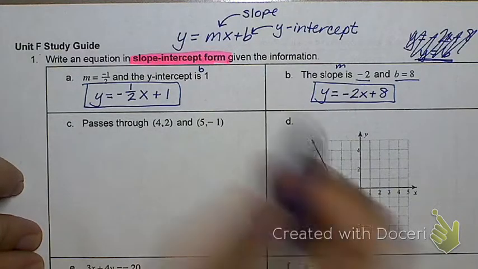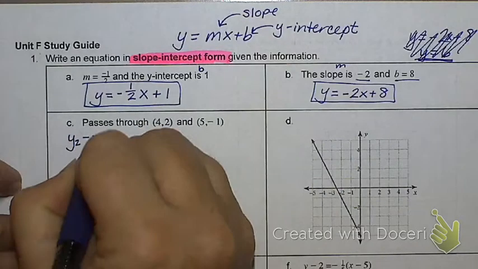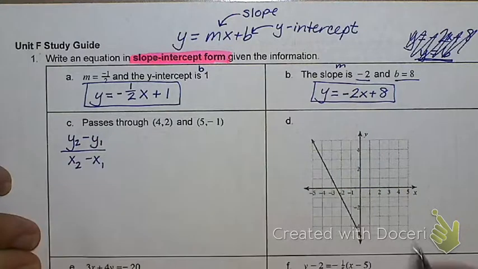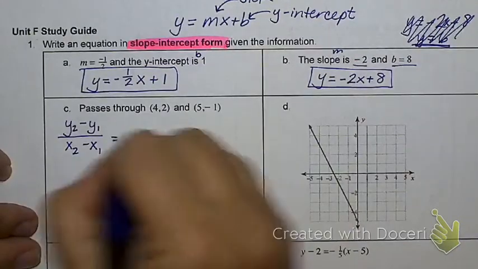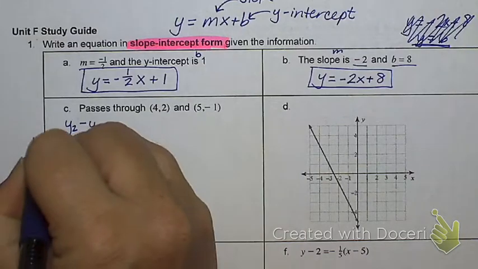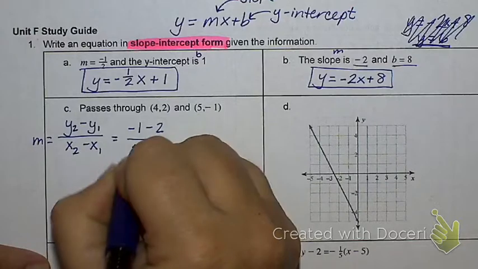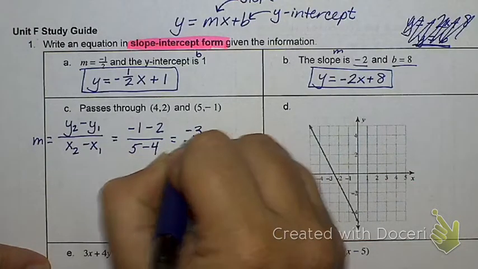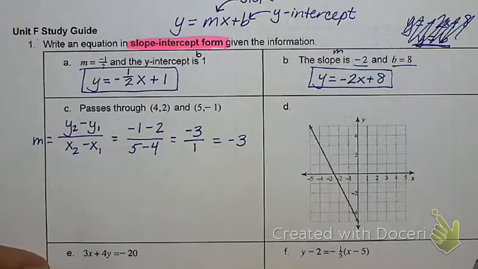And how do I find the slope? y2 minus y1 over x2 minus x1. So, this is going to give me my slope. Negative 1 minus 2 over 5 minus 4. And that gives me negative 3 over 1. So my slope is negative 3.